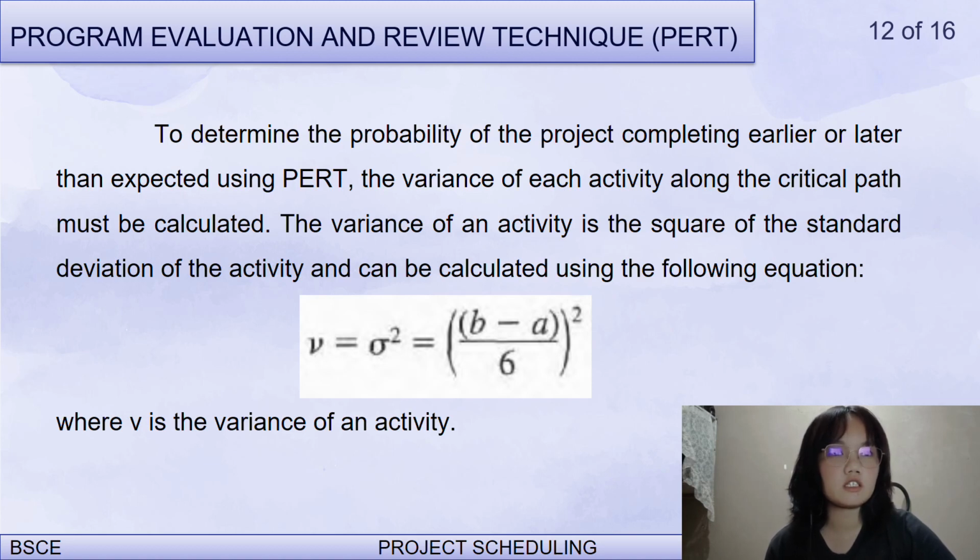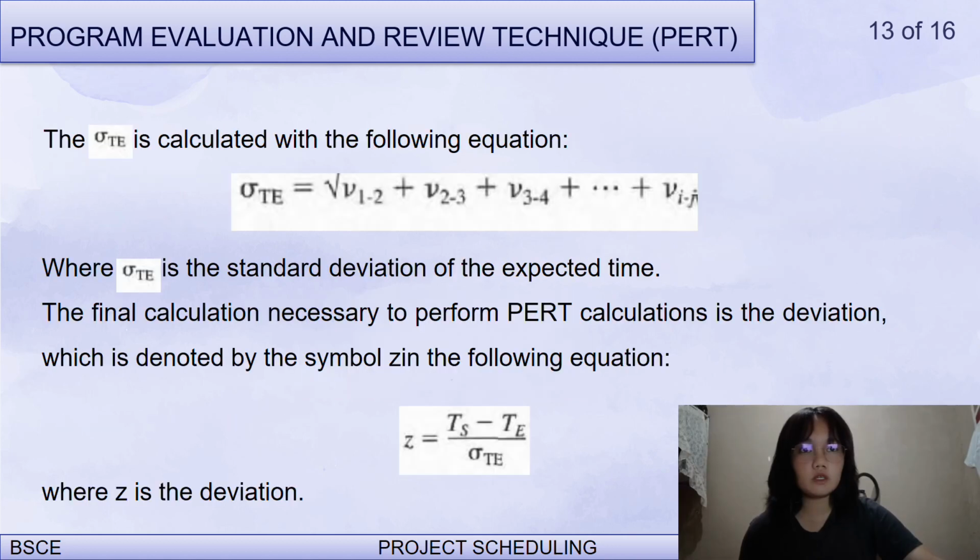So here is the equation where V is the variance of an activity. Next, if we want to get the standard deviation of the expected time, we should use the formula at the top.